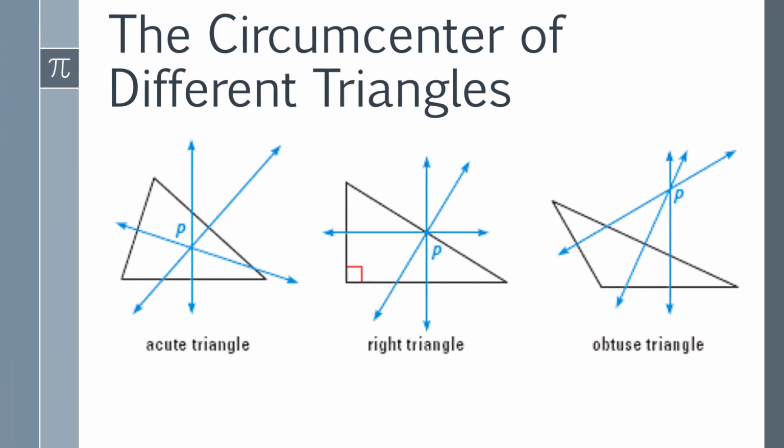Now, the interesting thing about this is that, depending upon the type of triangle you're looking at, the circumcenter is going to be in different places. On an acute triangle, it's going to be inside of the triangle. On a right triangle, it's going to be at the midpoint of the hypotenuse.